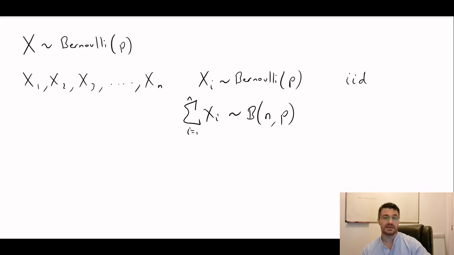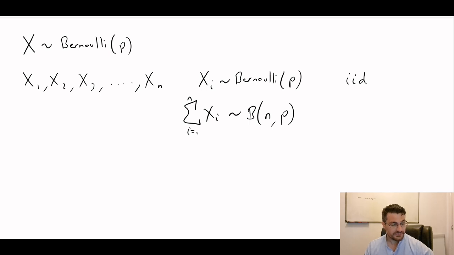Remember, one of the conditions for a random variable to follow a binomial distribution is that the trials are independent, and the probability of success on each trial is the same. There's a couple of other conditions as well, so n is a fixed number of trials, and so on and so forth. But the sum of the xi follow a binomial distribution with parameters n and p.